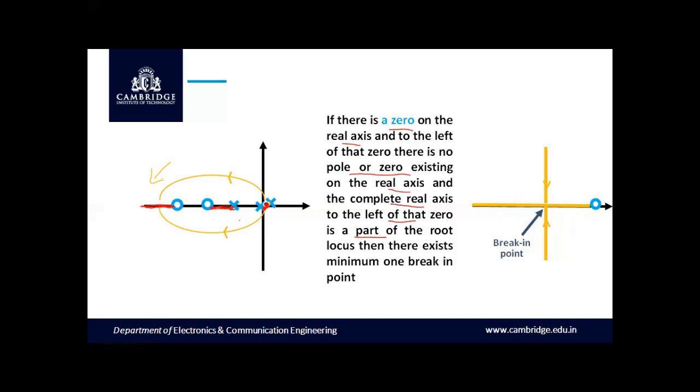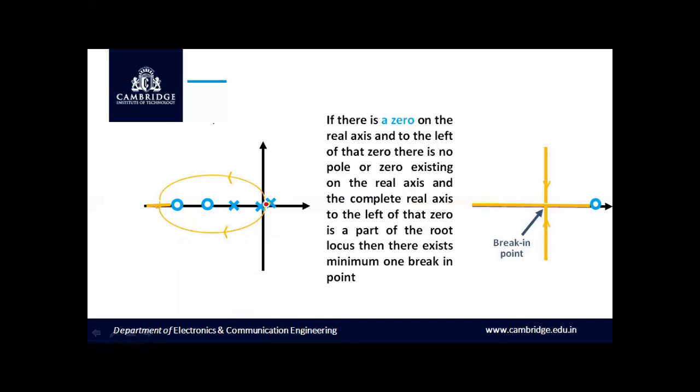Similarly, the other pole at s equal to 0 again tries to move from real axis into the complex plane, and on the other side it tries to enter into the real axis exactly at the break-in point.